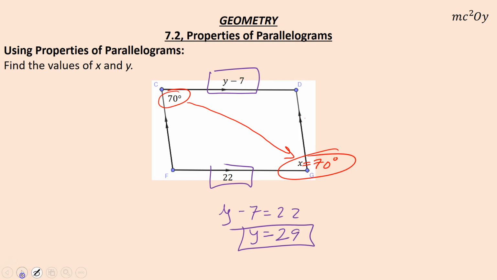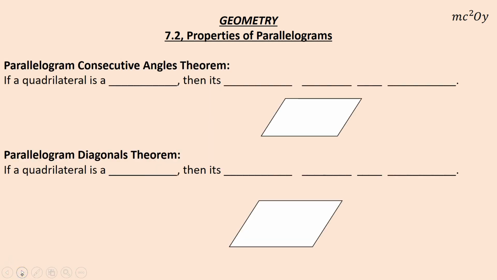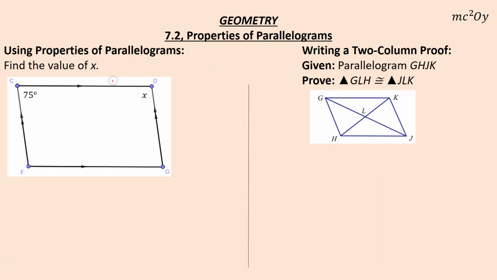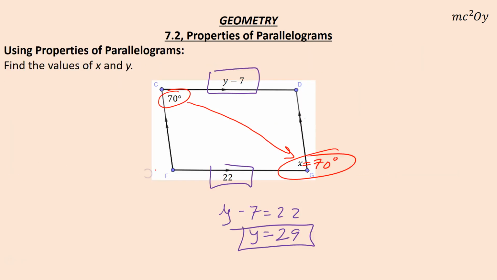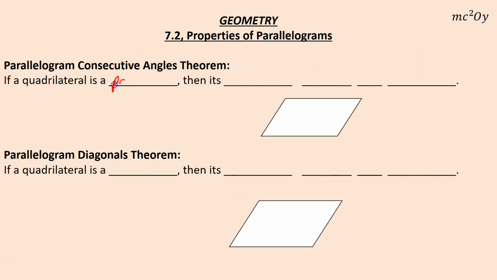All right. Let's go ahead and look at some other theorems here. If a quadrilateral is a parallelogram, then, well, this is the consecutive angles theorem, so then its consecutive angles are, well, remember, when we're dealing with parallel lines, same side interior angles were supplementary.